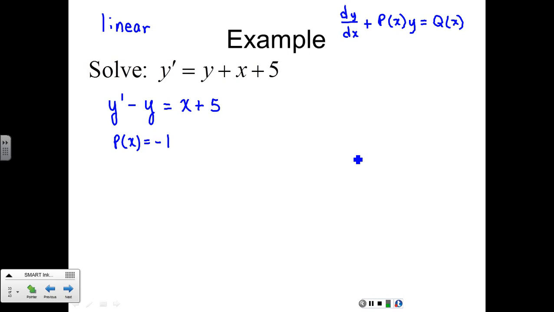Okay, so my integrating factor I of x is equal to e to the integral of negative 1 dx.